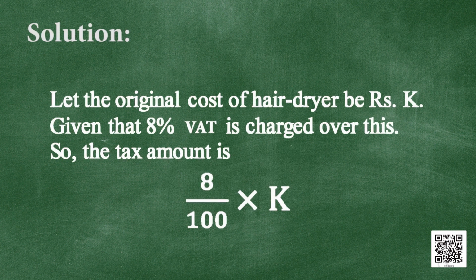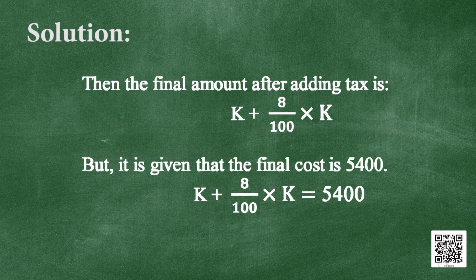Let the original cost of the hair dryer be rupees K. Given that 8% VAT is charged over this, the tax amount is equal to 8 divided by 100 multiplied with K. Then the final amount after adding tax is K plus 8 by 100 multiplied with K. But it is given that the final cost is rupees 5400.